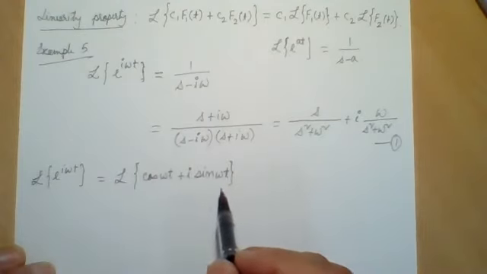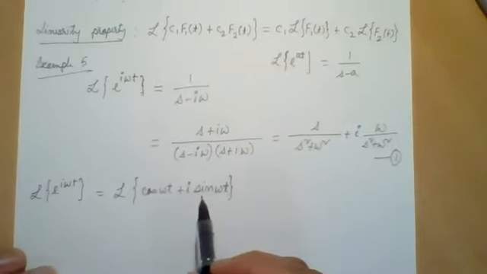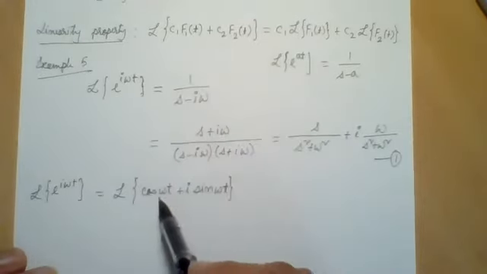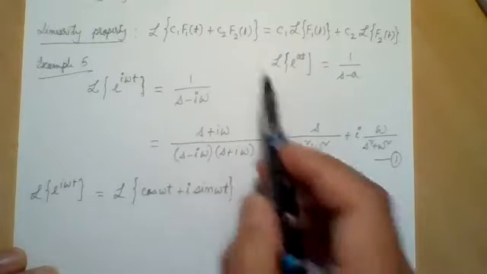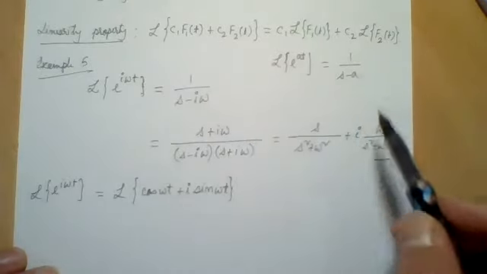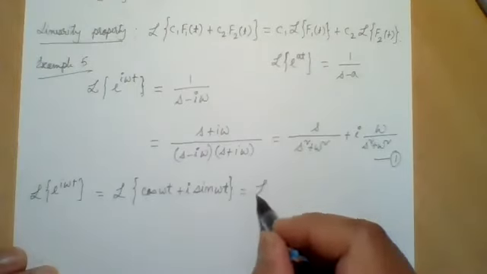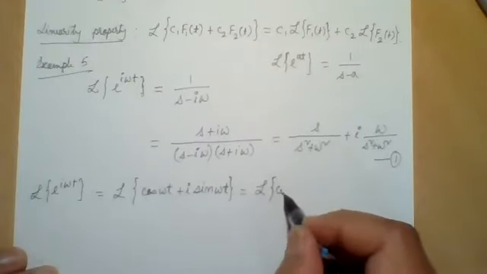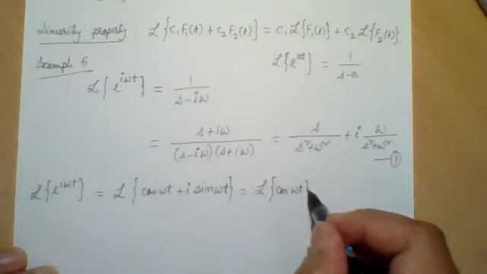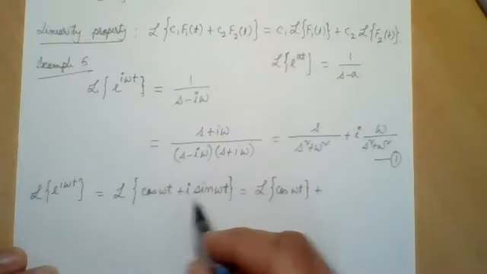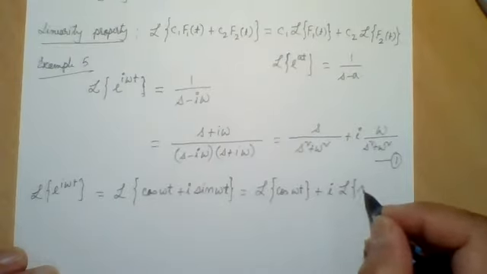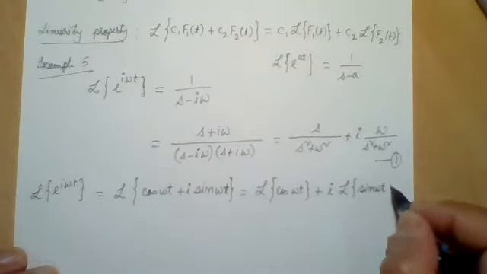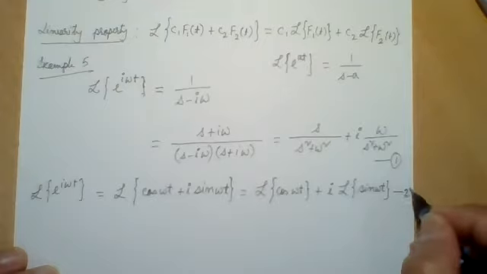This is Euler's formula. Now let us apply the linearity property here. So the Laplace transform of cos omega t plus I sin omega t, if I apply the linearity property, is the Laplace transform of cos omega t plus I, which is a constant, I take it outside, Laplace transform of sin omega t. Let us call this equation number 2.